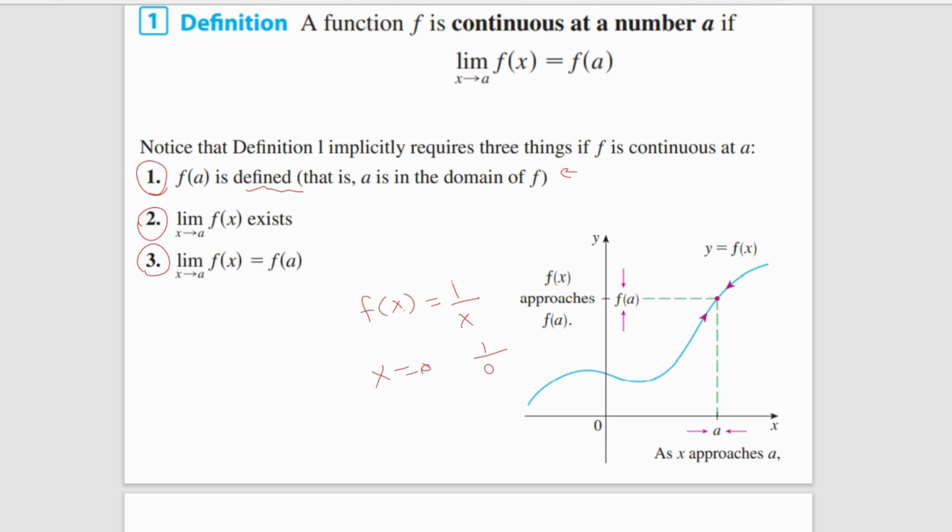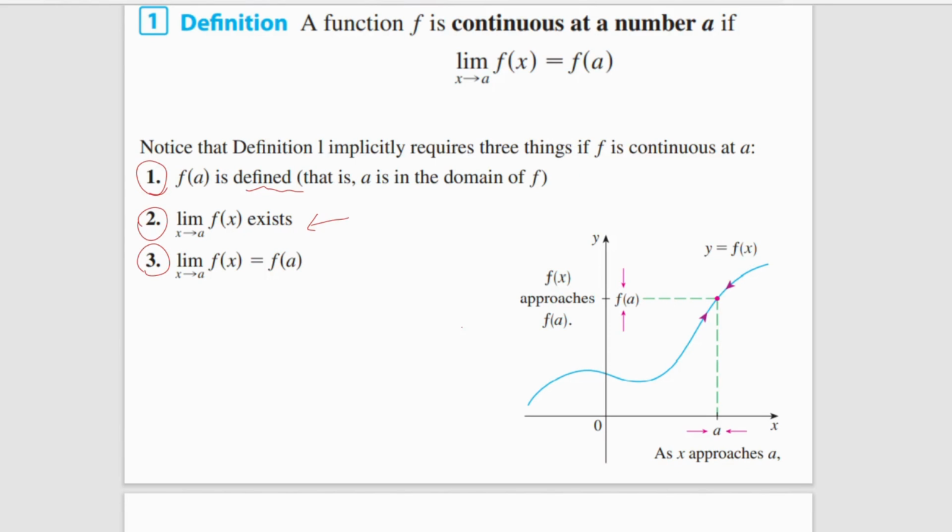So if we get an undefined value when we substitute with the point, then the function is undefined, therefore it's not continuous. Since the first condition isn't satisfied, we can conclude directly that the function is discontinuous at that point. So we don't need to check the other conditions.